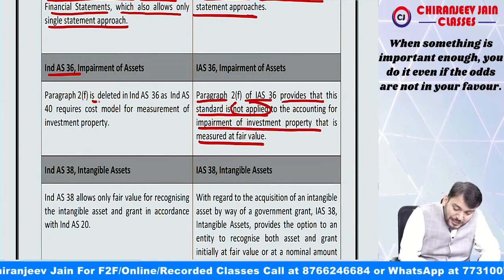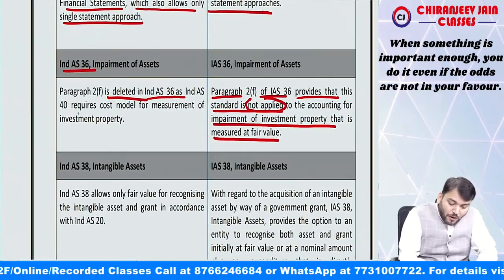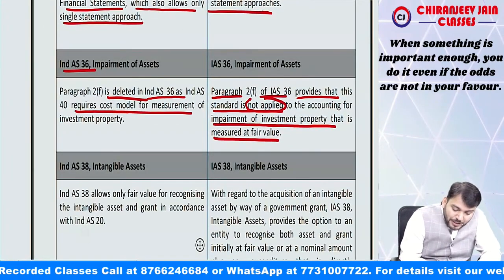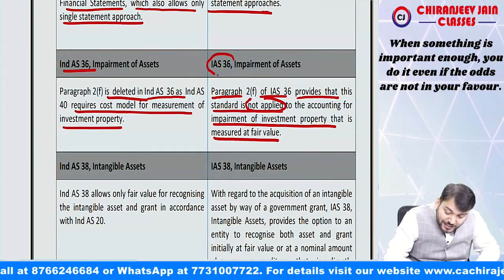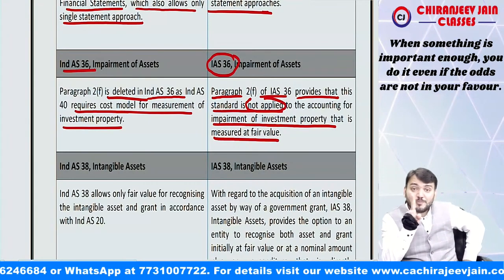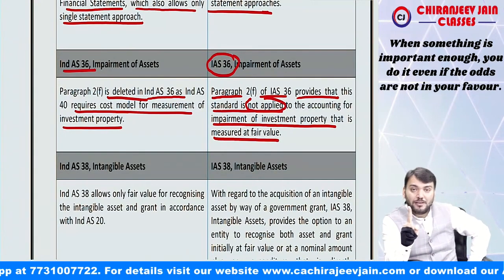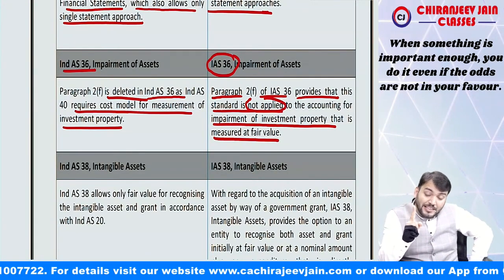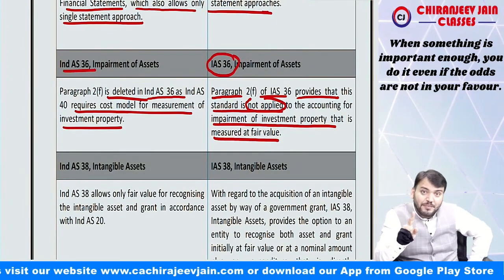So such para has been deleted under Ind AS 36 as Ind AS 40 requires only the cost model for the measurement of investment property. But you need to be very careful about this point. IAS 36 is not applicable for investment property which is measured under the fair value model. But IAS 36 is applicable to PPE which is measured under the revaluation model.